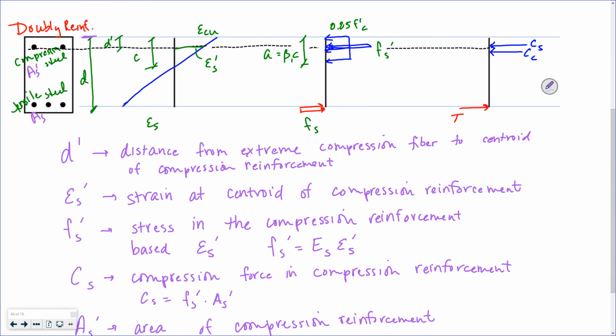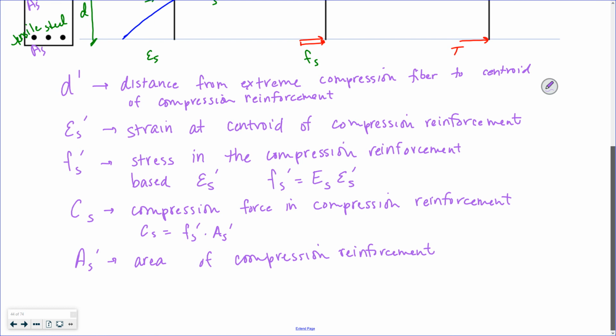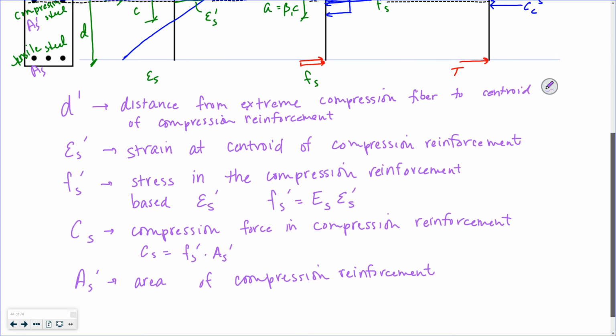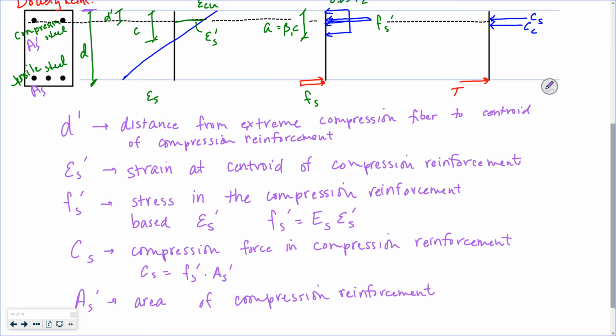Say they're all number 9s, so they're an inch in diameter, one square inch each. So the top compression steel, As prime, if it was 2 number 9s, would be 2 square inches. The bottom tensile steel, if it was 3 number 9s, would be 3 times 1, so 3 square inches. So this is just starting to get into the mechanics of how we analyze a section with compression reinforcement.